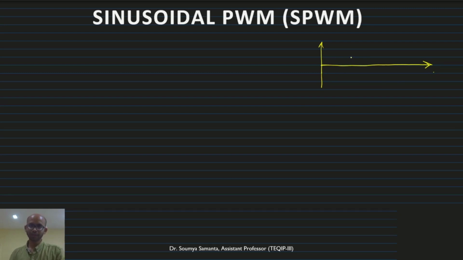Previously, whatever I have discussed, the reference signal is a square wave. This is a half cycle, this is another half cycle, this is another half cycle. This is our reference signal which we use to generate the pulses. Reference means this is what we want to generate.